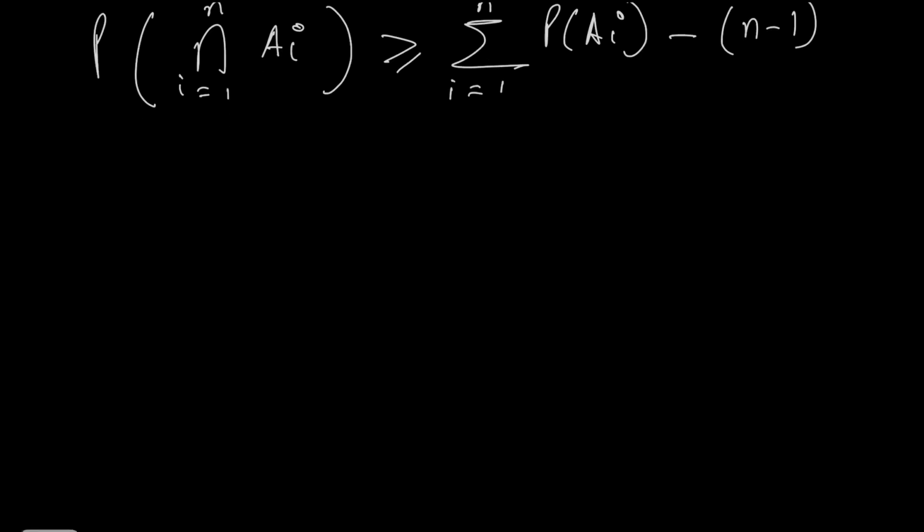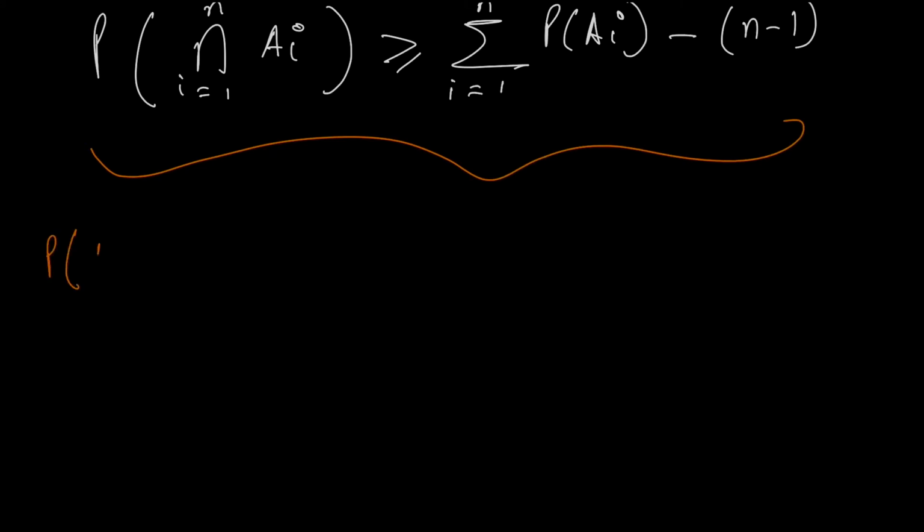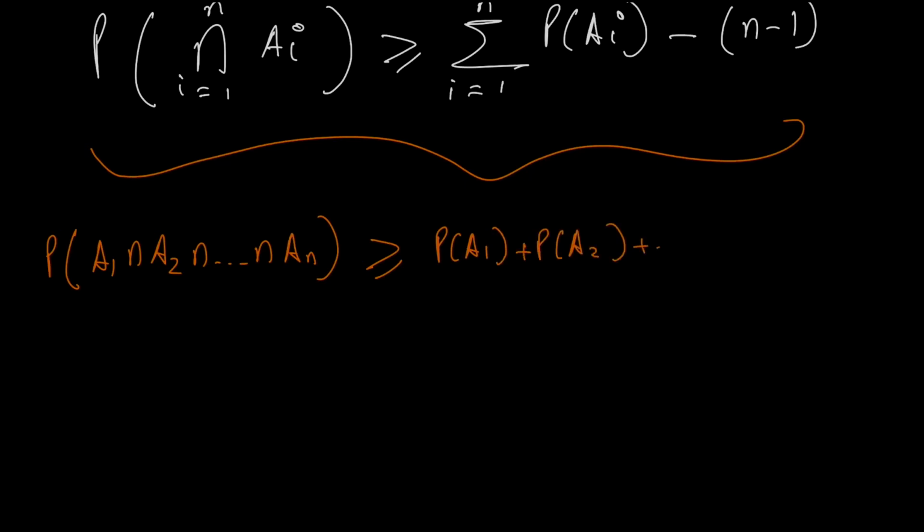So this is nothing but P of A1 intersection A2 intersection up till An greater than or equal to the summation of individual probabilities, that is P of A1 plus P of A2 up till P of An, minus, I'm writing it on a different line, n minus 1, the number of events minus 1.